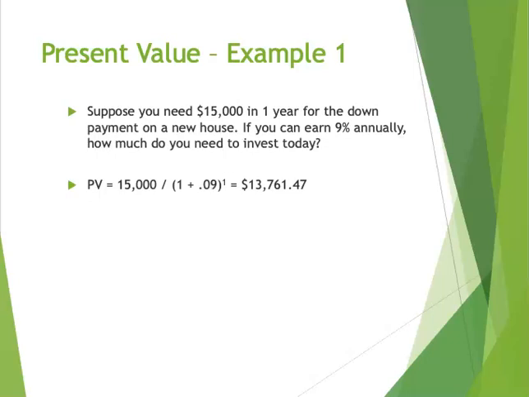So it's 15,000 divided by 1 plus 0.09 to the power t, or basically 1.09 to the power 1, which gives us 13,761.47. So that is how much we need to invest today for our money to eventually become $15,000 at the end of year 1 at a 9% interest rate.